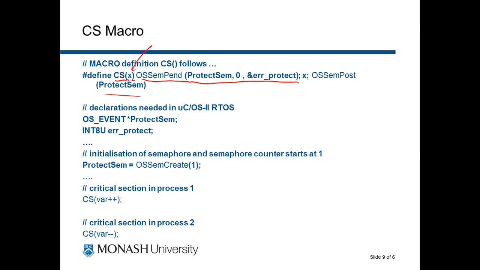This says put all of the OSSemPend and OSSemPost before and after x when it compiles it, so the compiler can read the full code. It just allows us to simplify. You still have to declare it, and you still have to initialize it if you use this macro, but you can simplify what you do in your critical sections to just have the CS.